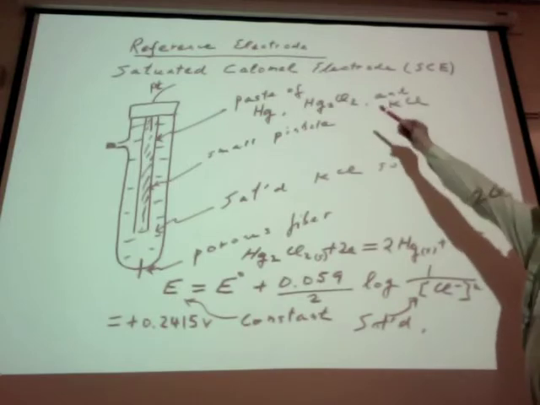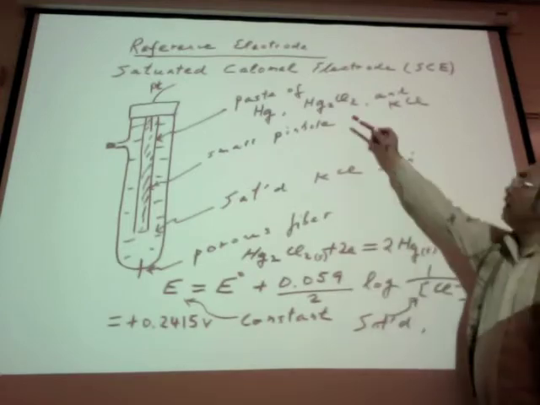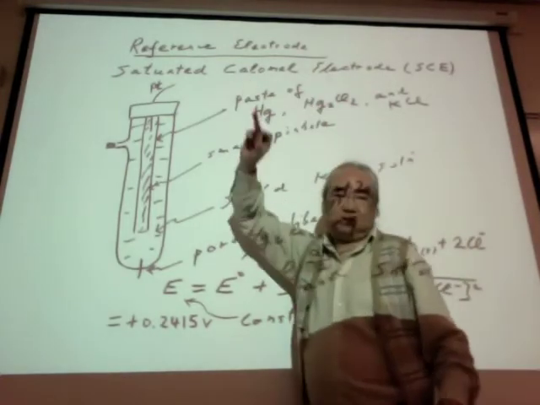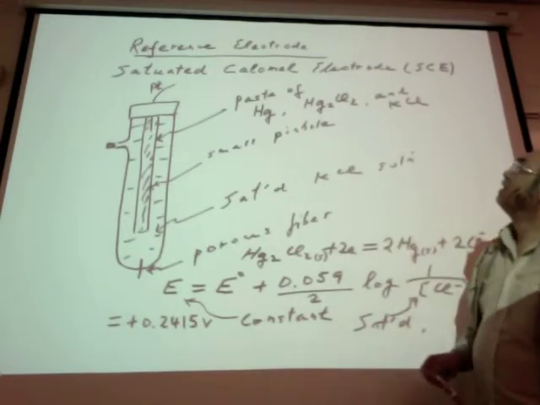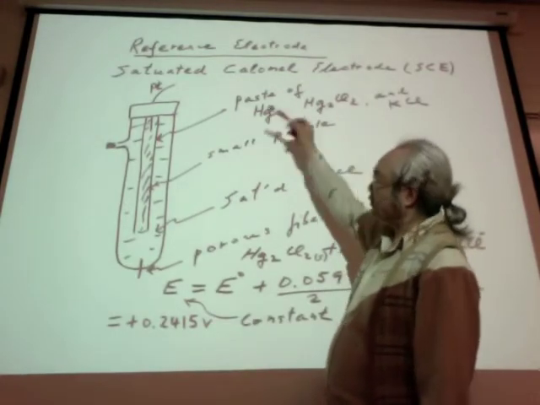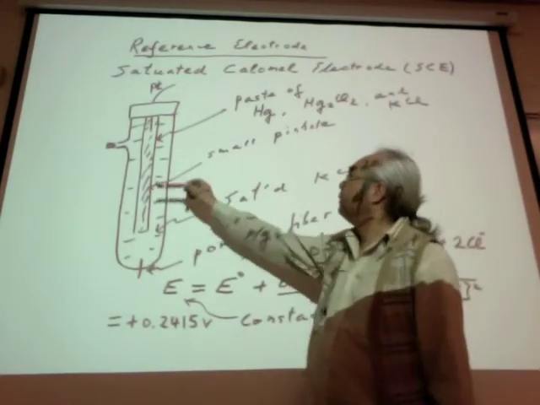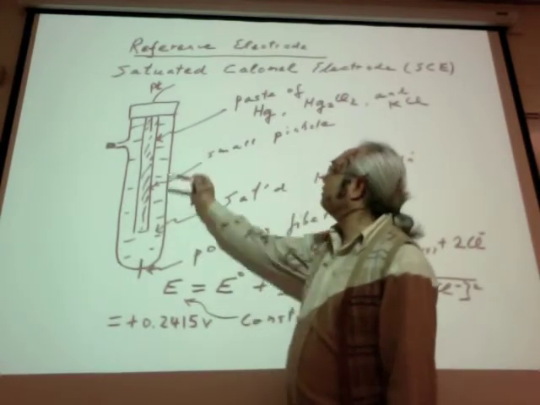Remember the name, saturated calomel electrode, like a candy bar or something. And remember the composition. Be able to draw an electrode like this, with a tube.